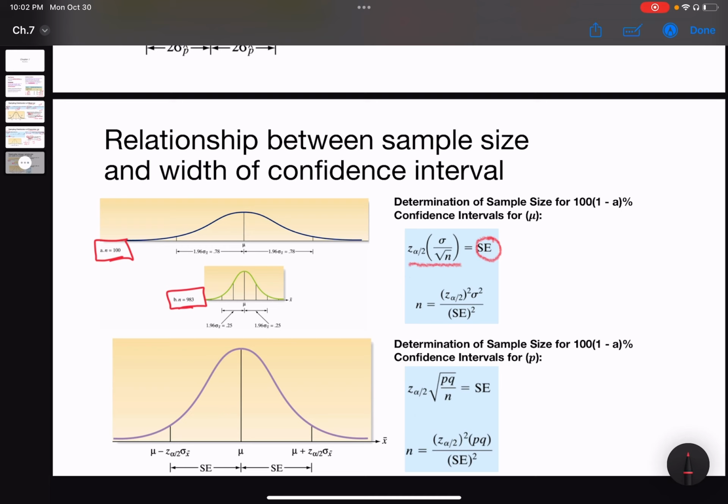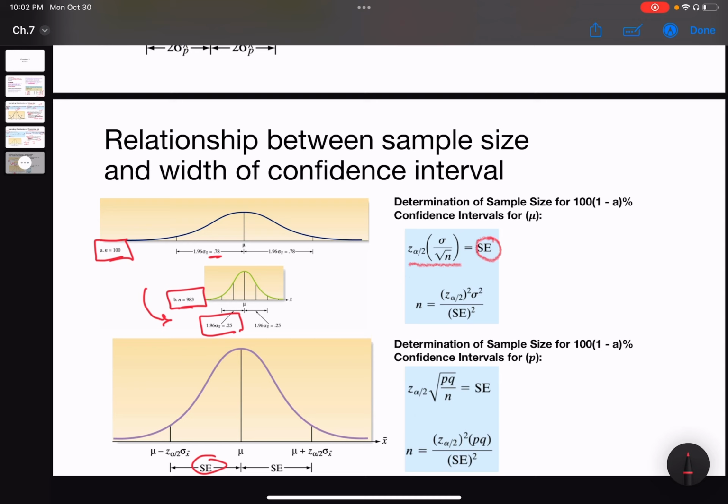We can see the SE value decreased from 0.78 to 0.25 by increasing the sample size, making SE smaller and the interval also smaller.